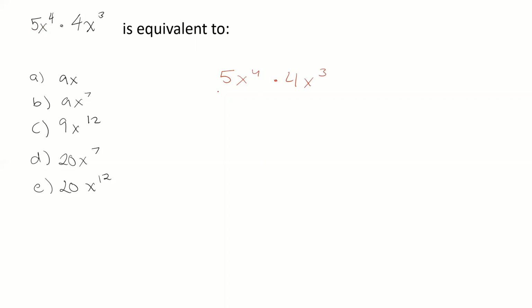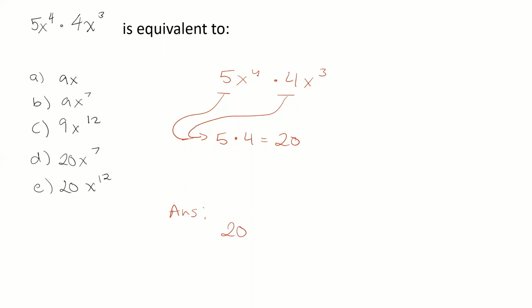You're going to take these two coefficients and multiply them. So 5 times 4 is going to be 20. I'll write the answer here. We're going to put that 20 there.